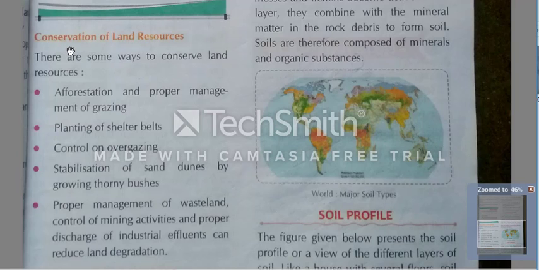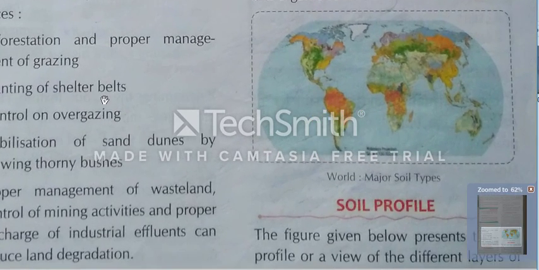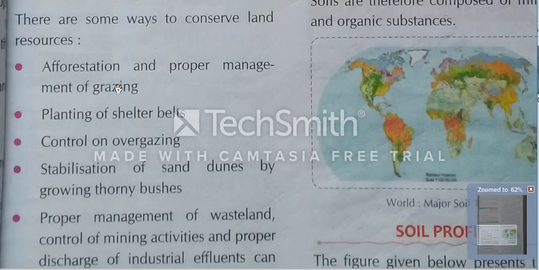You can write here C-A-R-E, care. Protection, P-R-O-T-E-C-T-I-O-N, suraksha, protection. Why do we need to protect the land resources? Let's see. There are some ways to conserve or protect land resources. Some ways are here on the screen. First is afforestation and proper management of grazing.